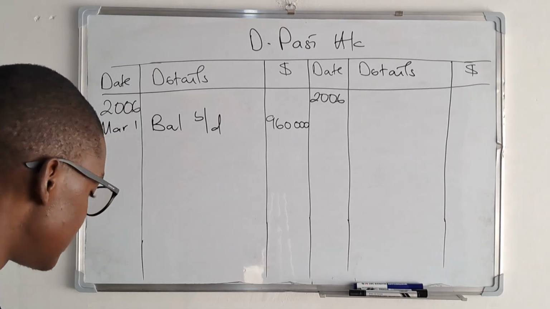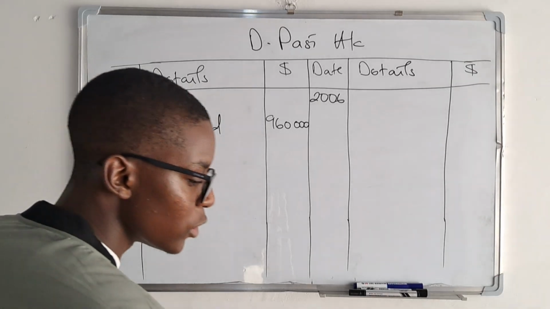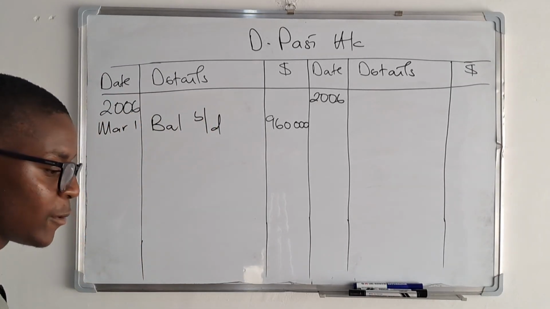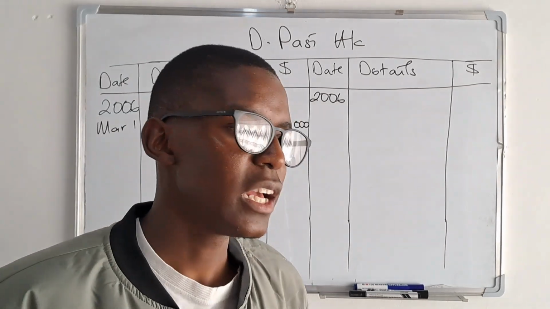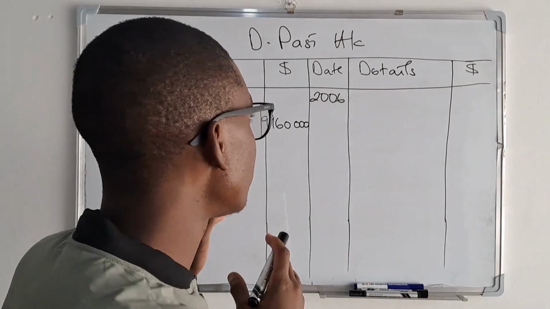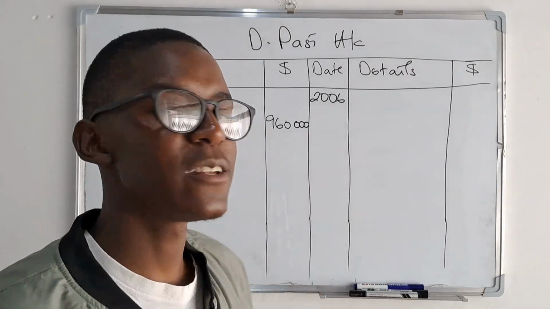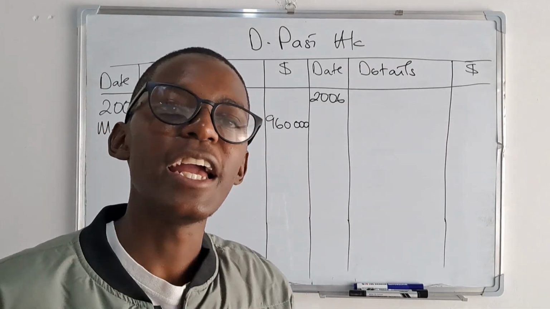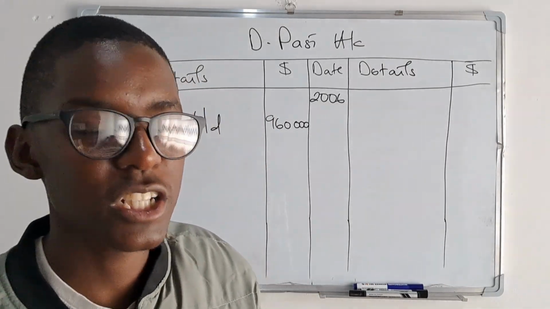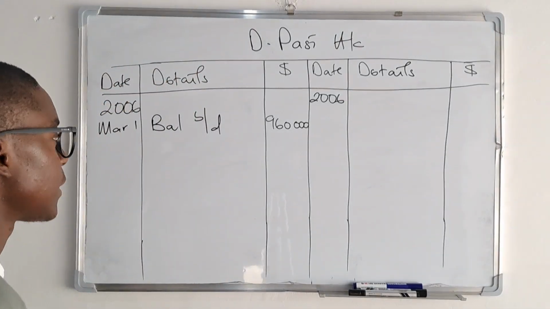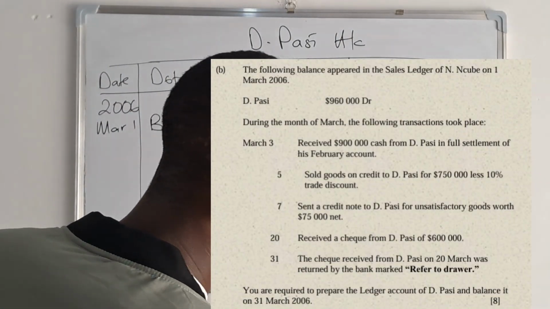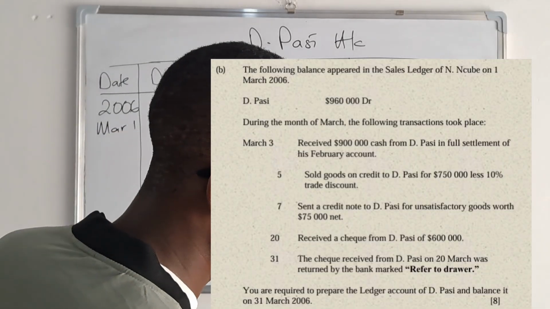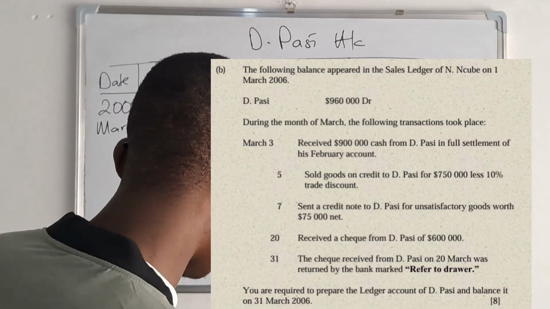DR means debit. Then we are moving on to the transactions during the month. If these things are confusing you, please kindly visit part 1 of the video to understand the introduction of this lesson.